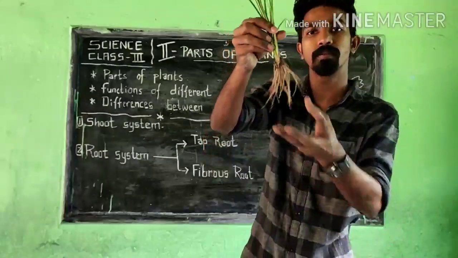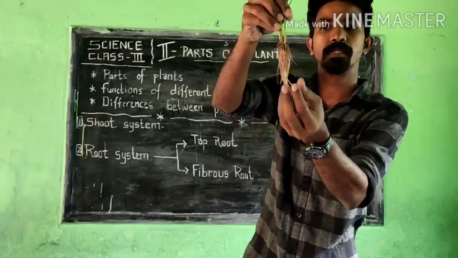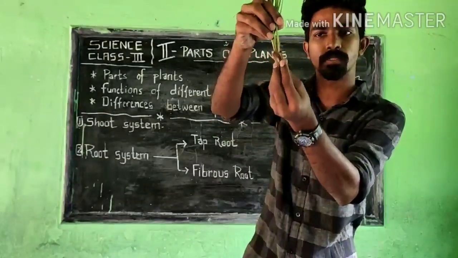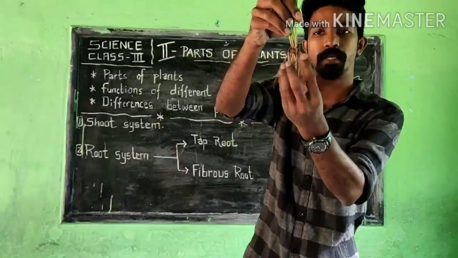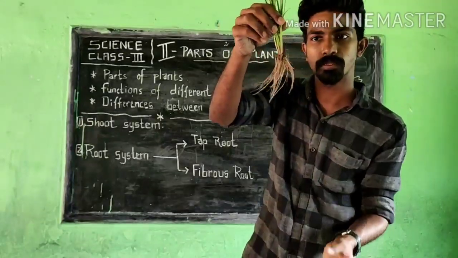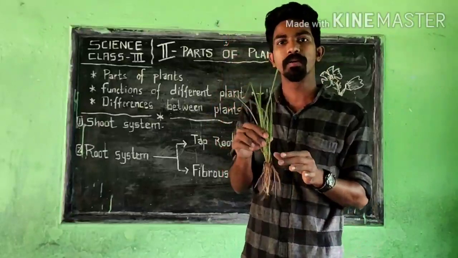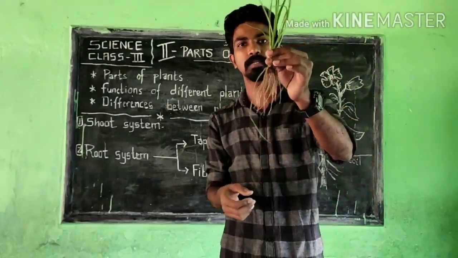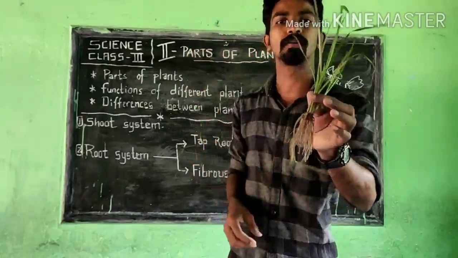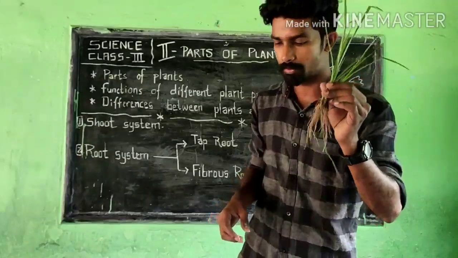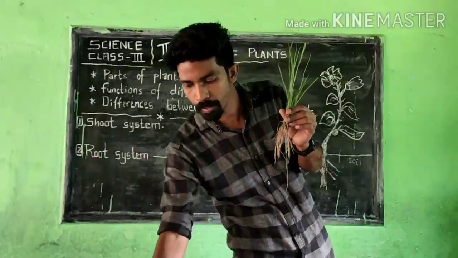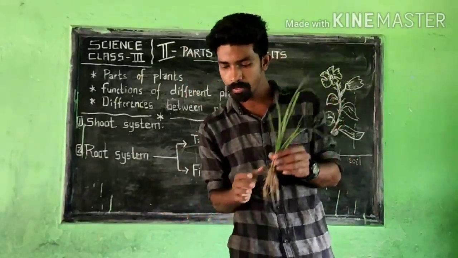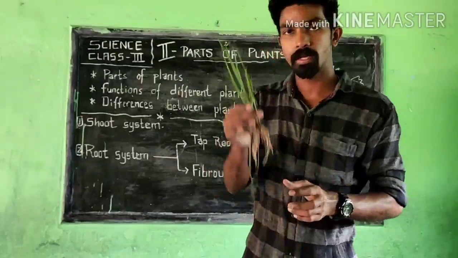But in fibrous root, roots emerge from the bottom of the stem itself as a cluster. Grass is the best example of a plant with fibrous root. Some more examples given there: plants such as wheat, grass, rice, etc. have fibrous root.